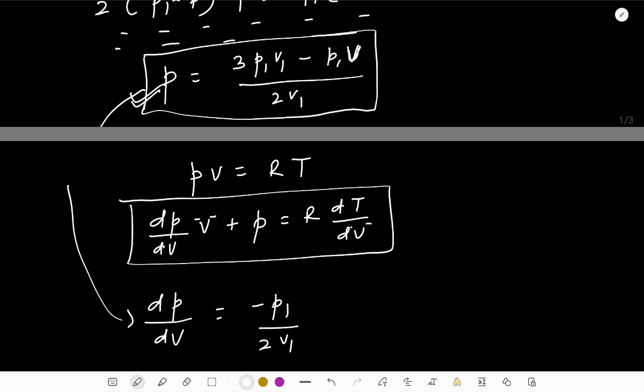So if I differentiate it with respect to V, I will simply get minus P1 by 2V1, nothing else.